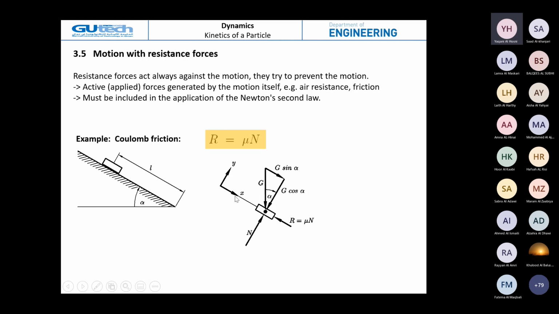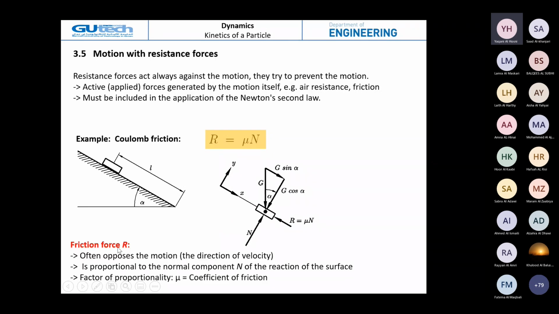We take the coordinate system x, y, but there is one extra force, the resistance. If there is friction between the particle and the ground, there is a force against the direction of the motion, trying to stop this particle. We define it by the friction coefficient mu multiplied by the reaction force N.